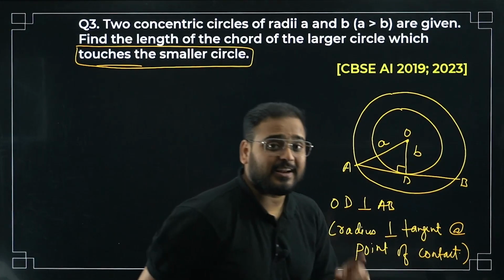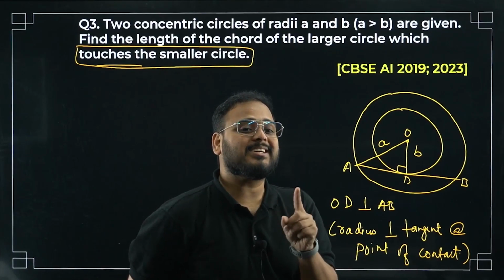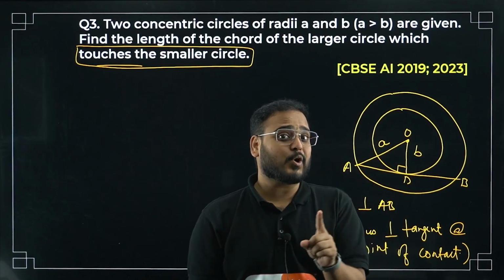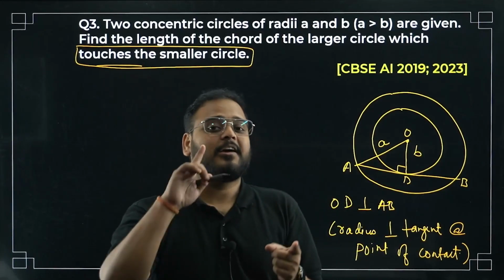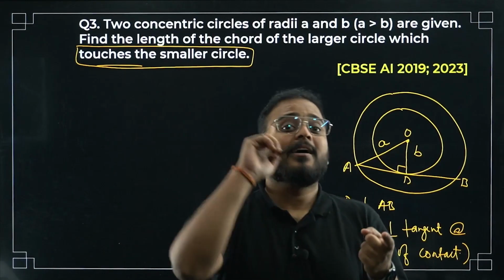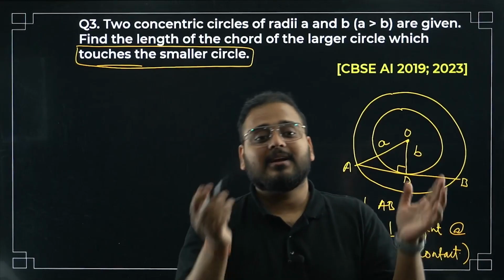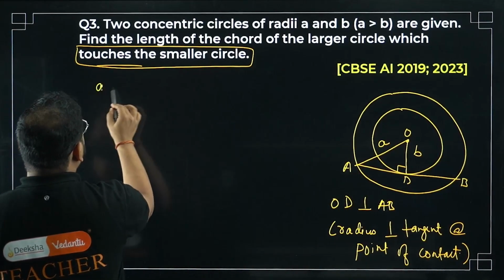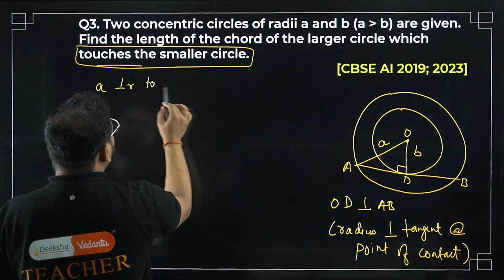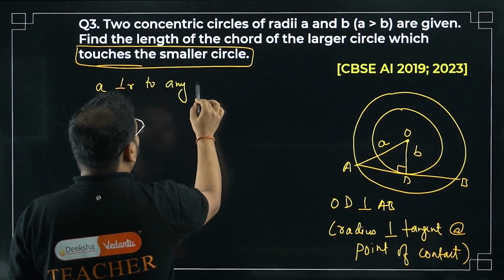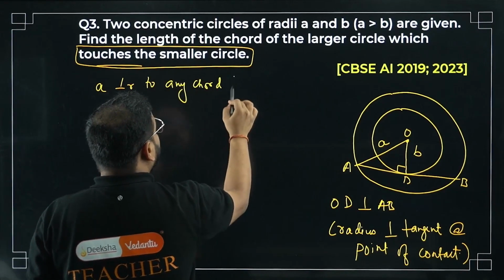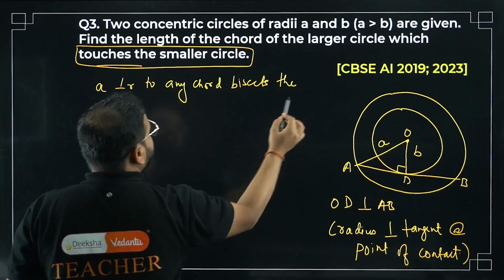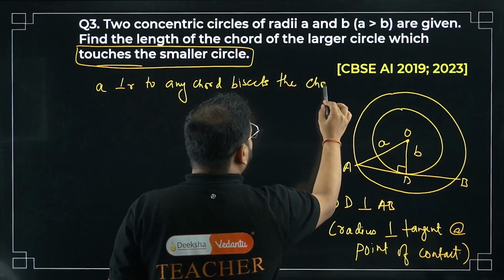Because of that, we have learned a property in grade 9. Whenever you draw a perpendicular to a chord in a circle, it bisects the chord. A perpendicular to any chord bisects the chord.